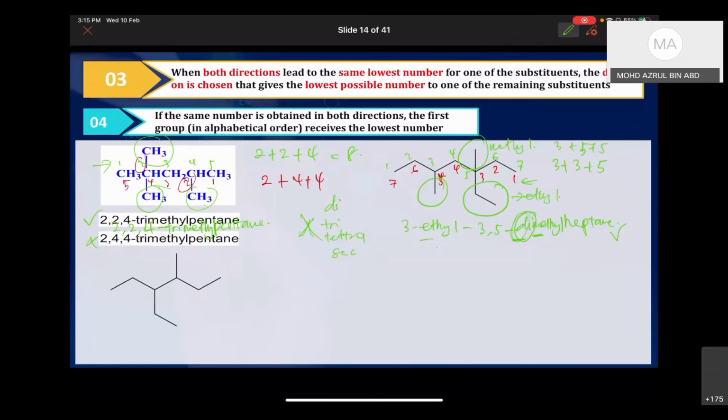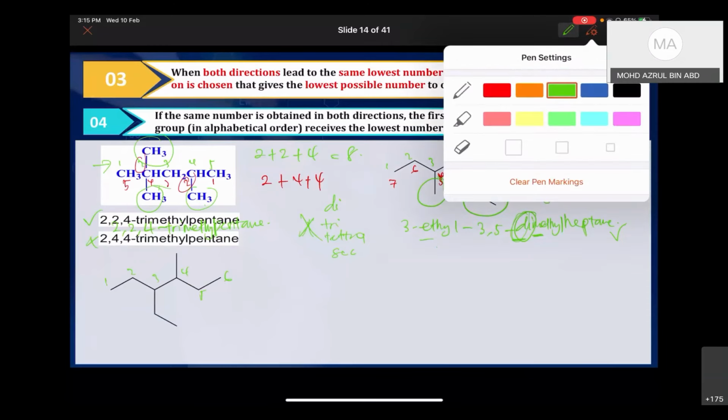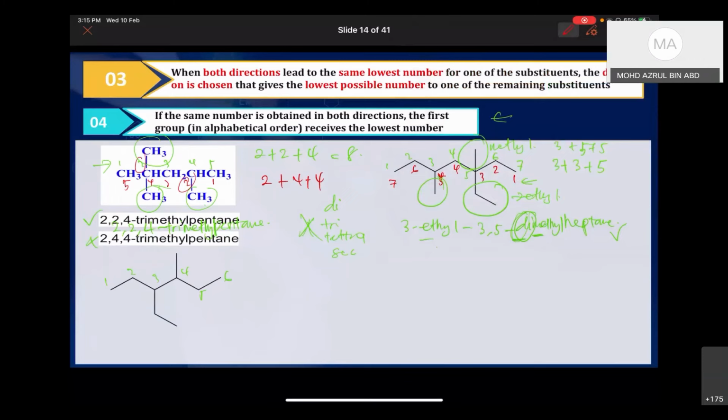And then for the next example, we follow the four rules. If we count the longest chain, it is 1, 2, 3, 4, 5, 6. And if we follow the other direction, 1, 2, 3, 4, 5, and 6.